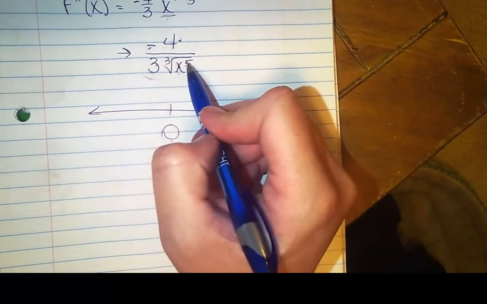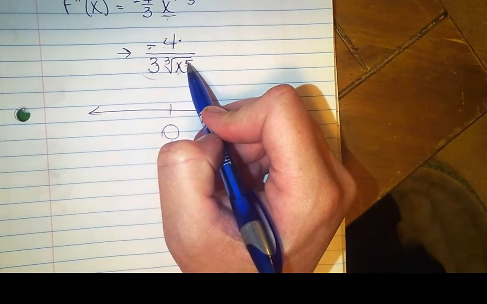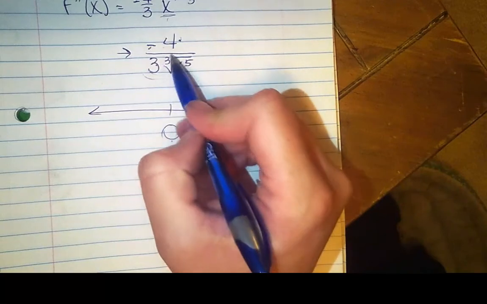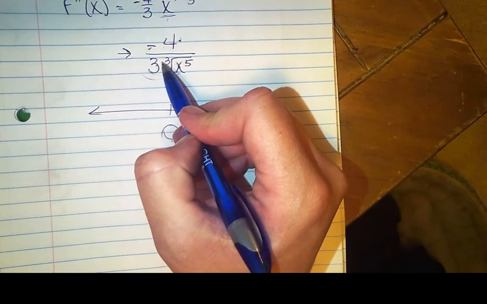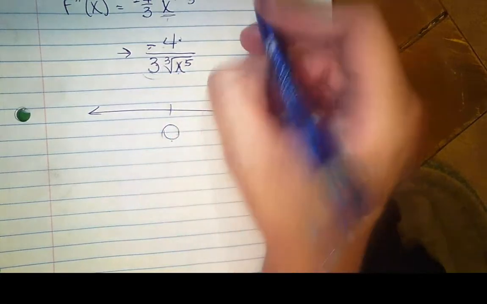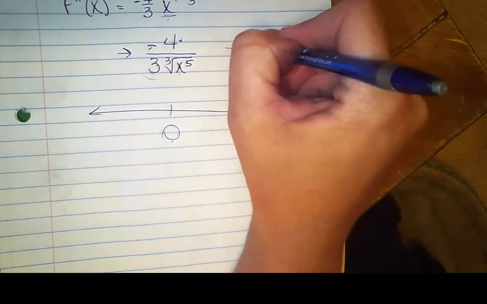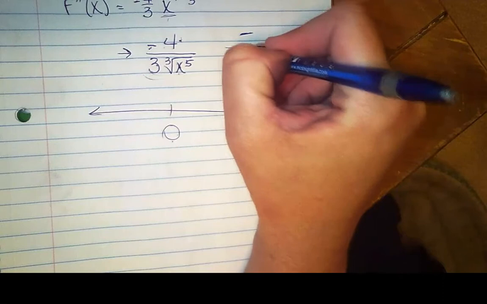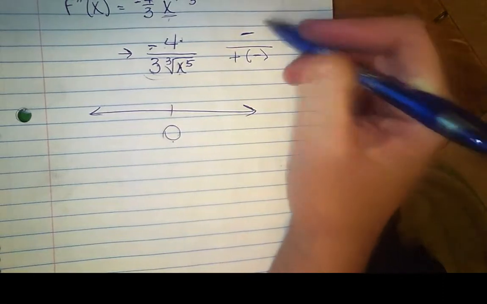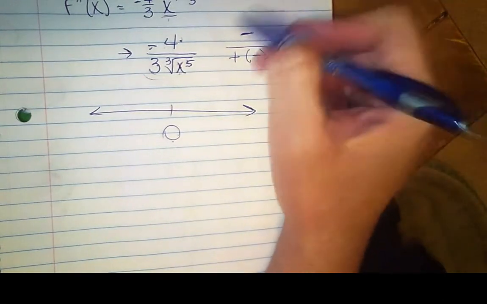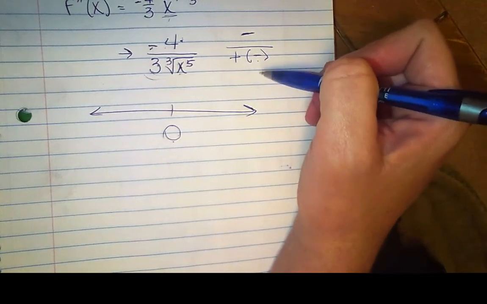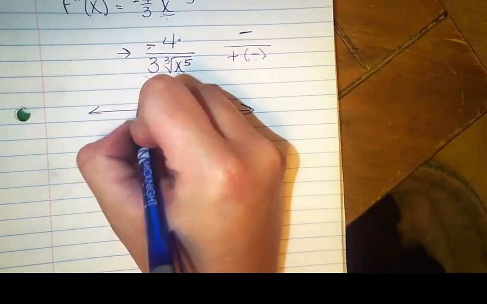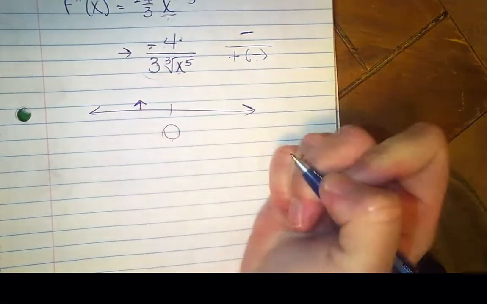So a -1 to the 5th is -1. The cubed root of a negative is negative. So right now I have a -4 over a +3 times a negative value, which means I got a negative over a negative, so this whole thing turns positive. Okay, so he is concave up.